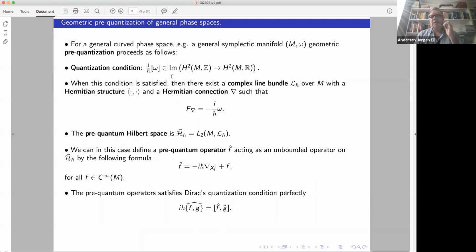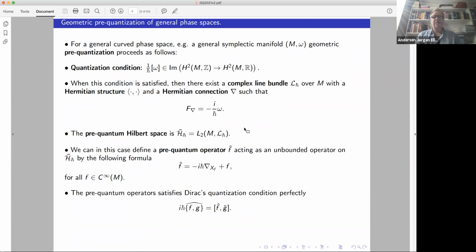And that says that if you take the cohomology class of the closed two-form, the symplectic form, and divide it by H bar, then that should lie in the image of the map from H2 with integer coefficients to H2 with real coefficients. Now, that is exactly the obstruction for the existence of a pre-quantum line bundle, which is a complex line bundle over M with a Hermitian structure and a Hermitian connection in such a way that this equation is satisfied. So the curvature of the connection is exactly minus I divided by H bar times omega.